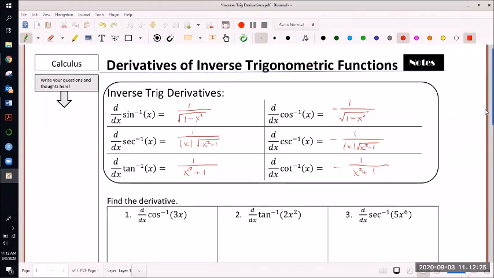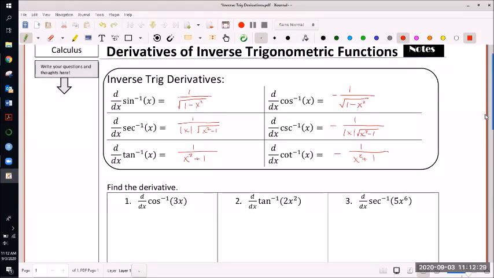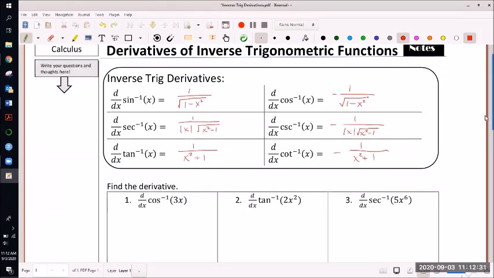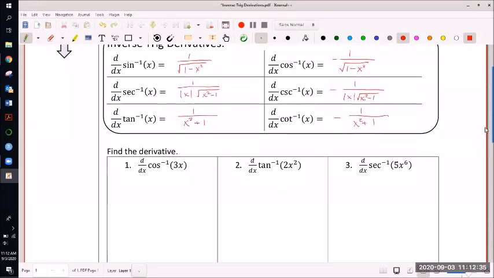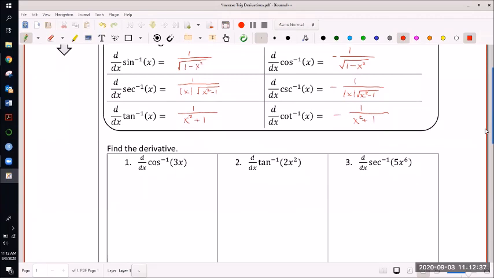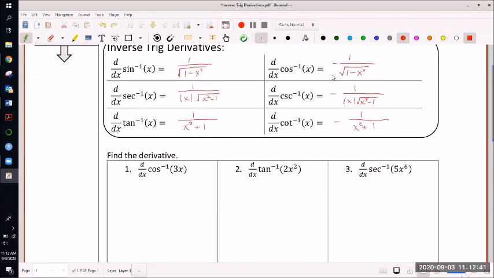Okay, so let's go ahead and apply these to some of these functions using these rules plus some of the other rules. So for the first problem, find the derivative of the inverse cosine of 3x. So we're going to use this up here. It's the chain rule. So I'm going to first take the derivative of the inverse cosine.